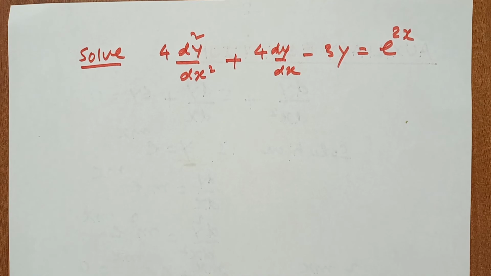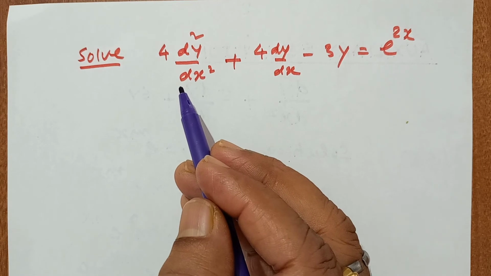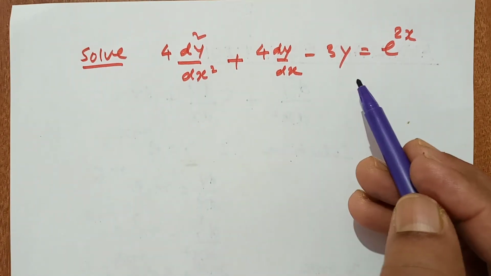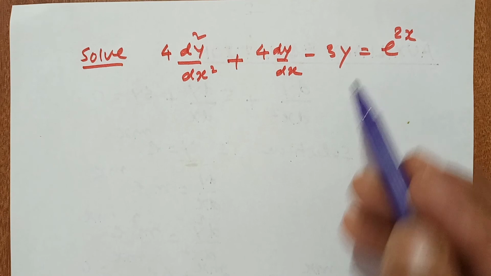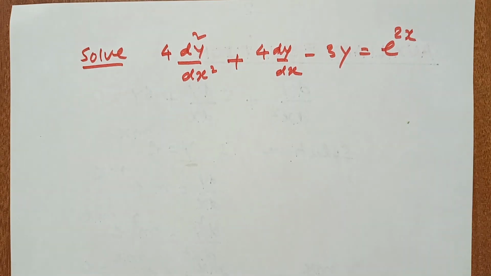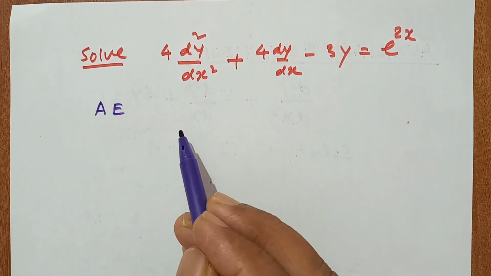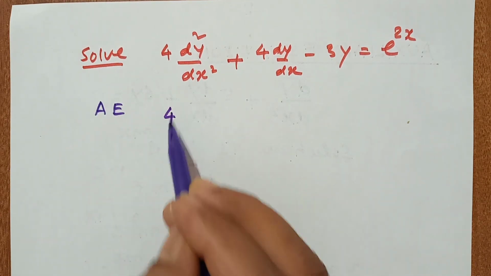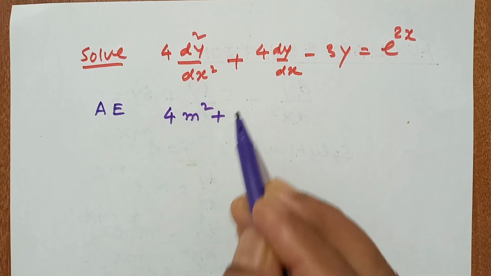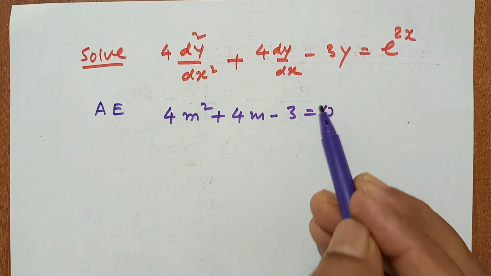So now this is an example: 4 d2y upon dx2 plus 4 dy by dx minus 3y is equal to e to the power 2x. Here the right hand side, that is Q, is not equal to 0. So first we calculate the auxiliary equation. So what is the auxiliary equation? 4m square plus 4m minus 3 equal to 0.